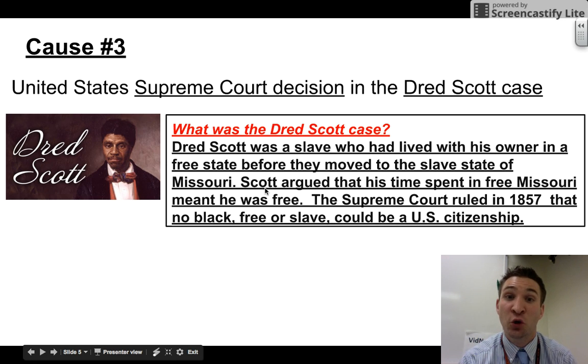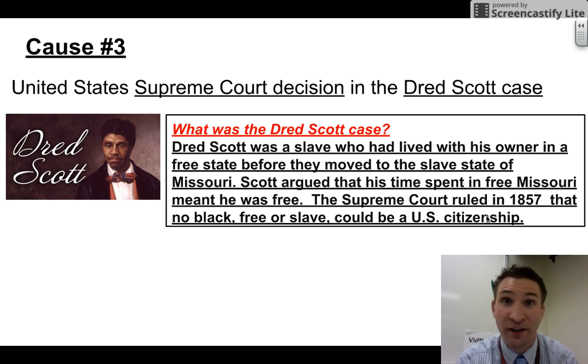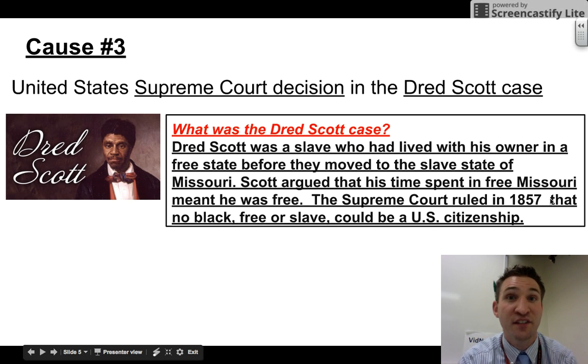Scott argued in his court case that his time spent in free territory meant that he was free. The Supreme Court ruled in 1857 that no black, free or slave, could be a U.S. citizen. Doesn't seem right. Isn't right. That's what the Supreme Court ruled in 1857.